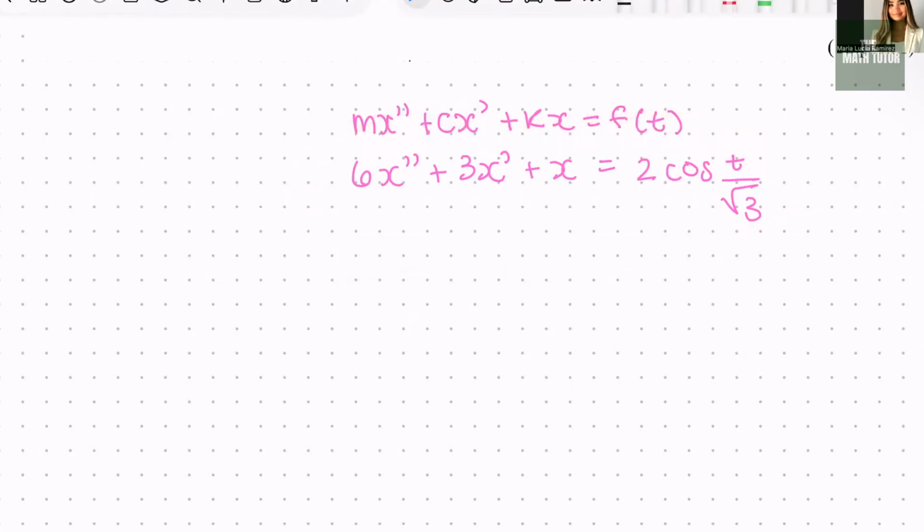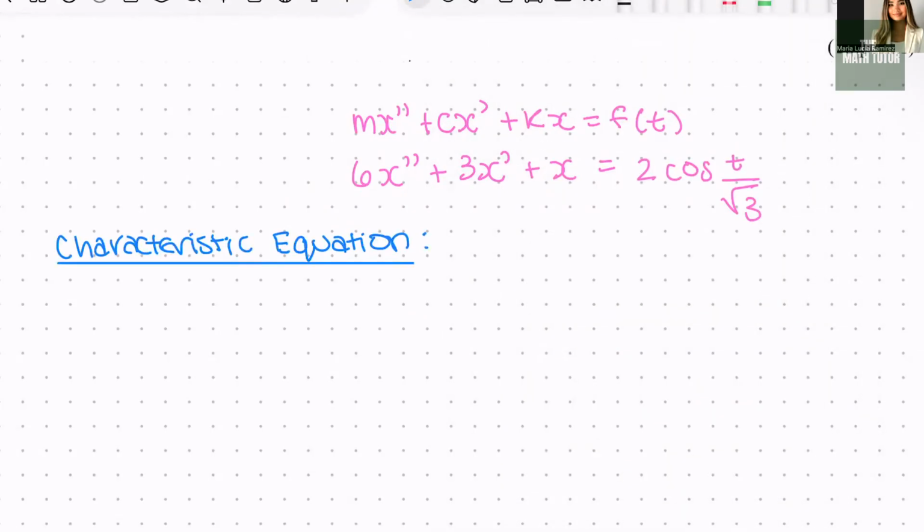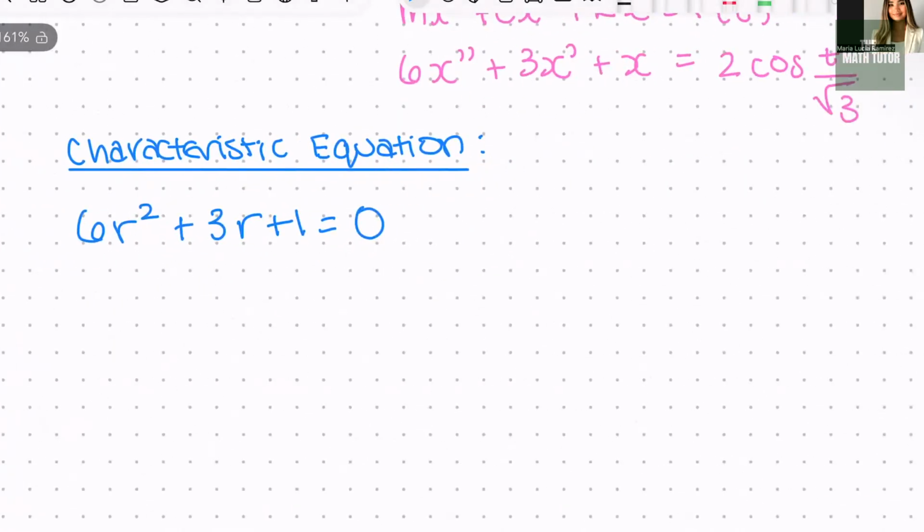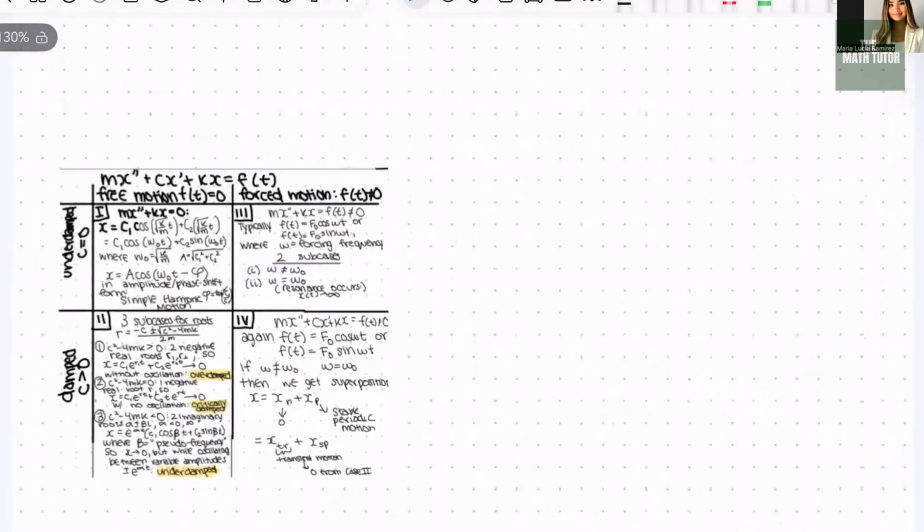From here, I like to do the characteristic equation next. So I'm just going to write over here, characteristic equation. It's going to be 6r squared plus 3r plus 1, and then set that equal to 0. Then we can get r from here using this equation I wrote down here.